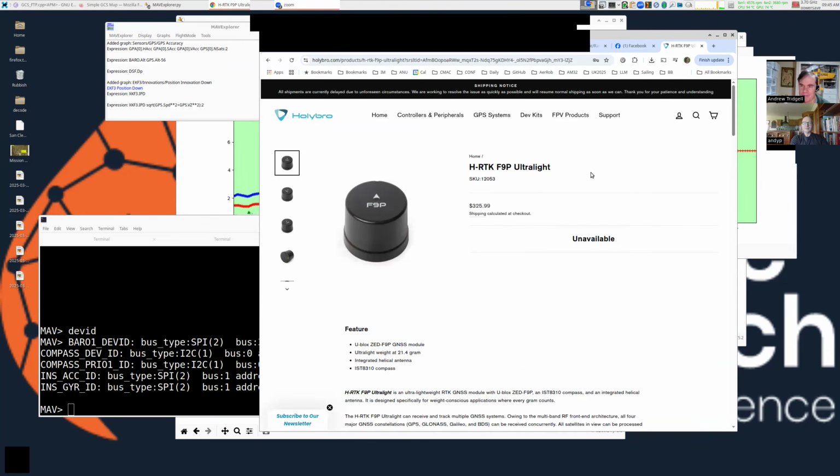But expensive, right? And luckily the L5 frequency is coming online. There's a funny thing about GPSs that are L1, L5, so they've got two bands. The L5 is not currently used by default because it's still marked in the satellites as being under test, but you can override that in ArduPilot.